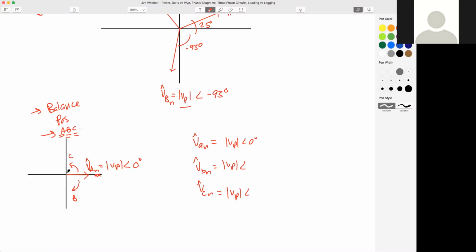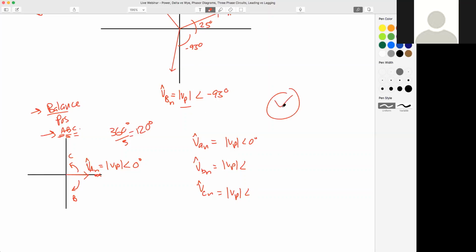So the reason why I'm explaining this to you in this manner is I'm trying to walk you through my thought process. I know A crosses first, so if A is on 0, the next one to be hit is B. And if we're going in this direction because we're positive, then B has got to be somewhere down here. If we're balanced, that means if there's 360 degrees in a circle and we divide it by 3 parts, we get 3 slices of 120 degrees.